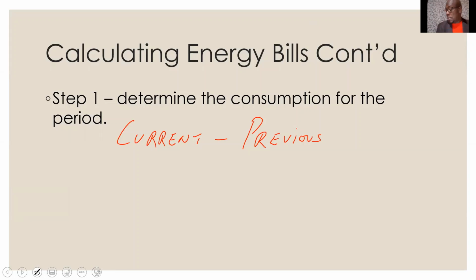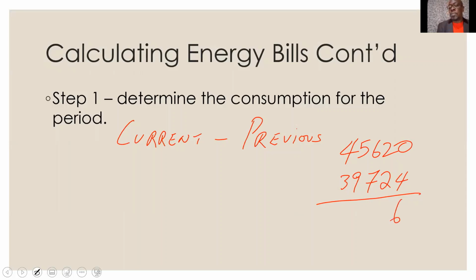For our example, that is 45,620 minus the previous reading of 39,724. That gives us 5,896 kilowatt hours.